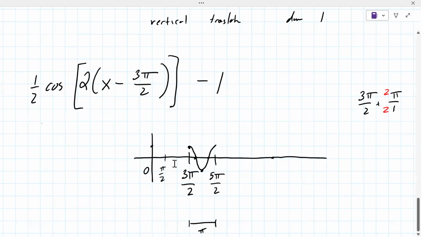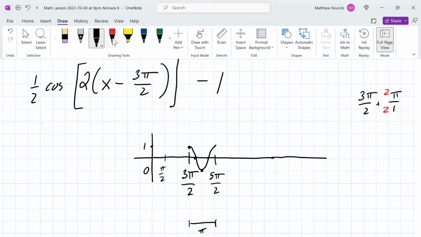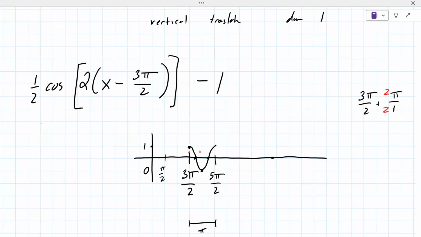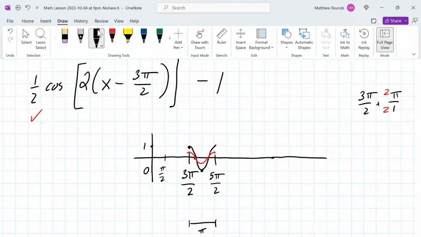But now we have to do all the other stuff. Because of the 1/2, I don't know how you even do this with a pencil. You just have to write really small. You're shrinking it by a half, so it looks like this. That's dealing with the 1/2. And then the down 1, you're moving every point down 1.